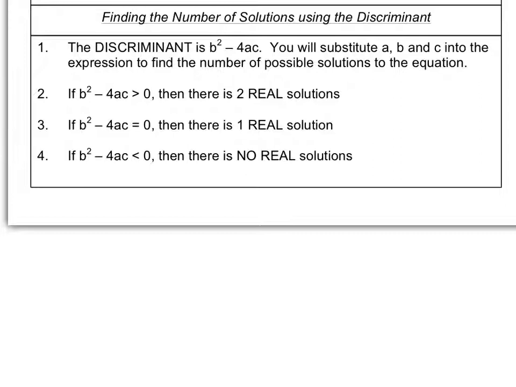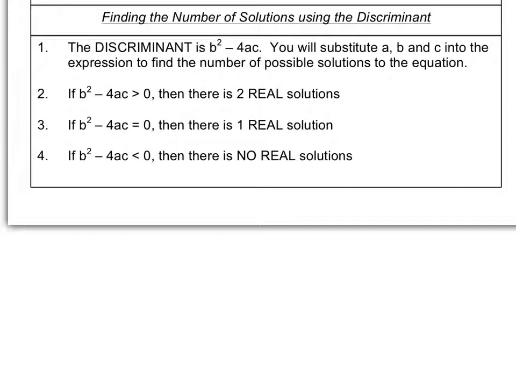Okay? And there are three different possible solutions. If you substitute in a, b, and c, and whatever you get out as an answer is bigger than 0, or it's a positive number, then you're going to end up having two real solutions. That means you're going to have two real answers.